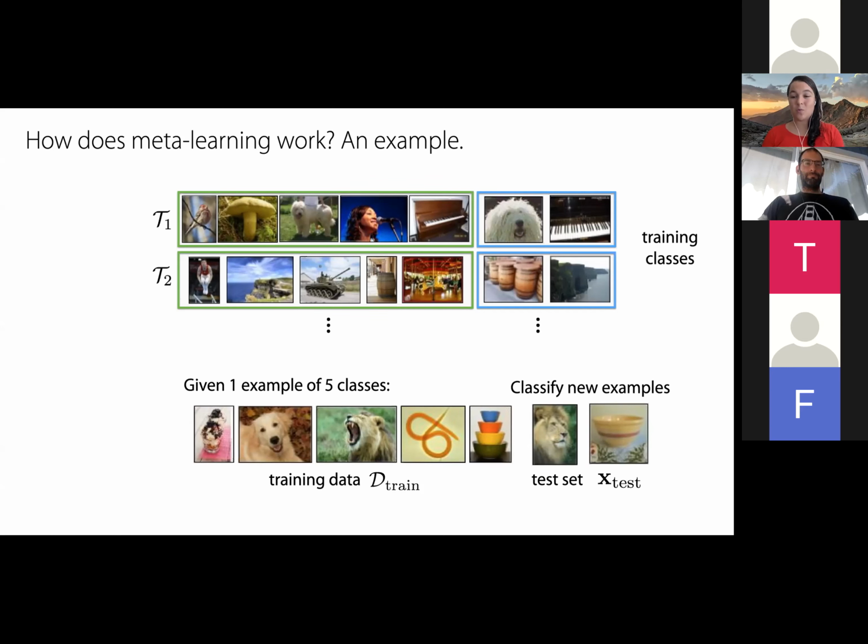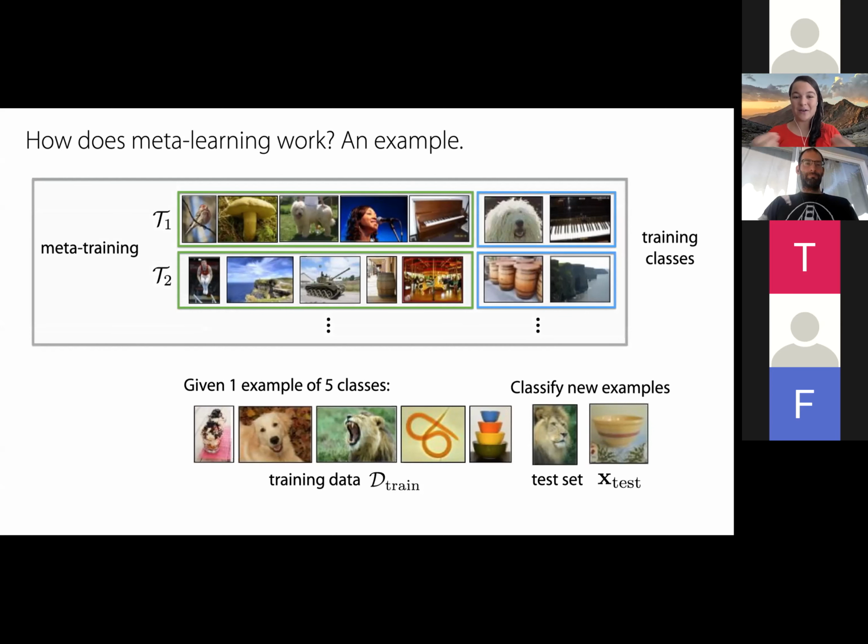We'll do this across a wide range of training tasks, essentially learning how to learn each of these tasks, so that when given a new task at meta testing time, we can generalize with a small amount of data. Essentially we're matching what meta train and meta test will look like.